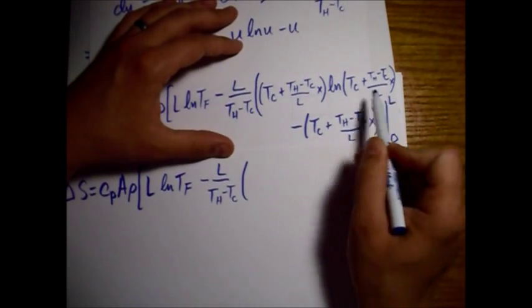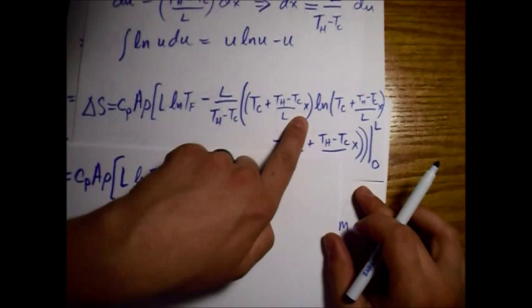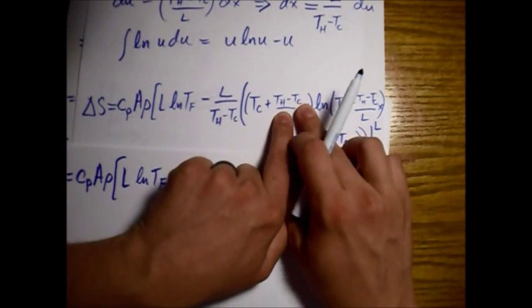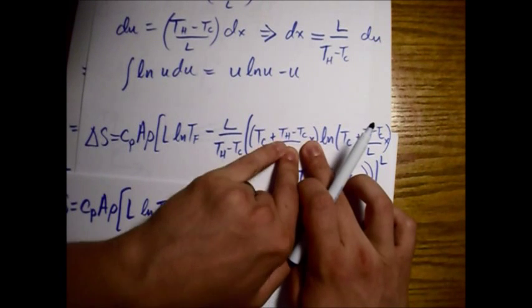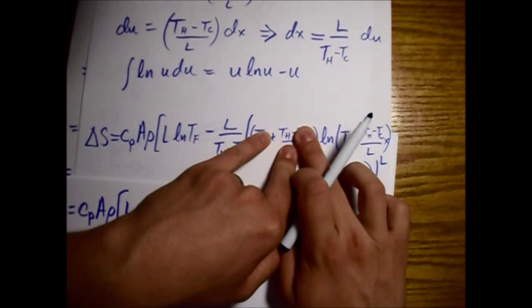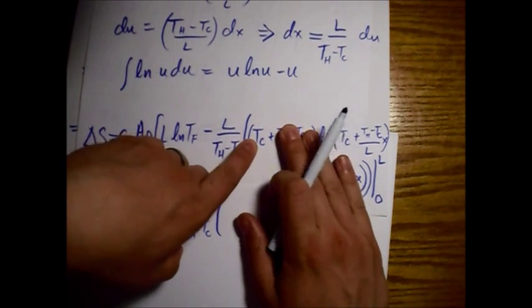So when we plug in L right here, what will we get? Well, the L will divide out, and then we have just a Tc plus Th minus Tc, so these Tcs are going to get rid of each other. We'll just end up with a Th. When we plug in a 0, this goes away and we just end up with a Tc.